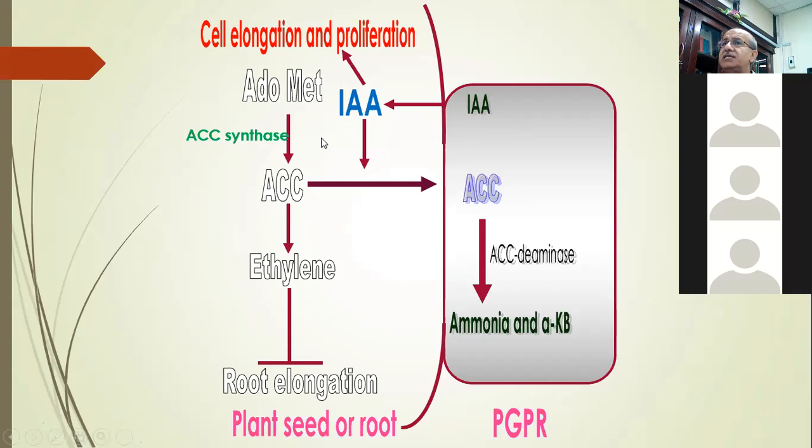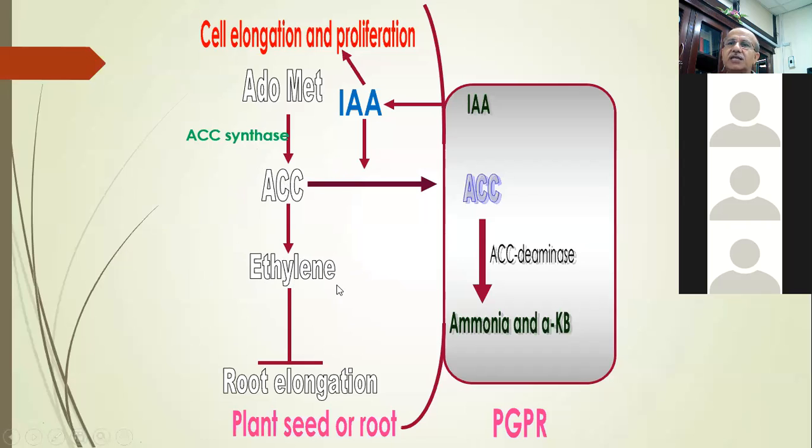Due to stress, there is more production of ACC in the plant, and this ACC is converted into ethylene. So this is the reason why under stress condition, more ethylene is produced. Due to stress, the plant produces more ACC synthase enzyme, it produces more ACC, and that ACC is converted into ethylene.